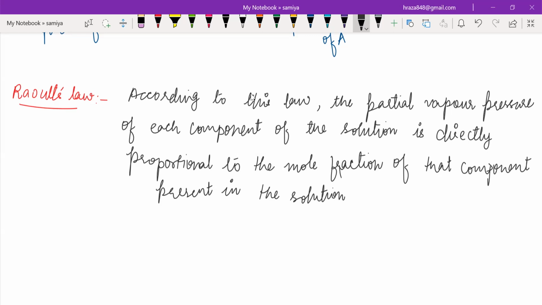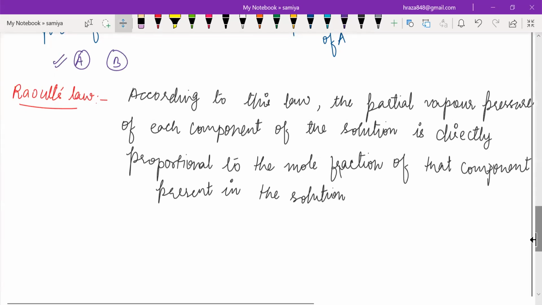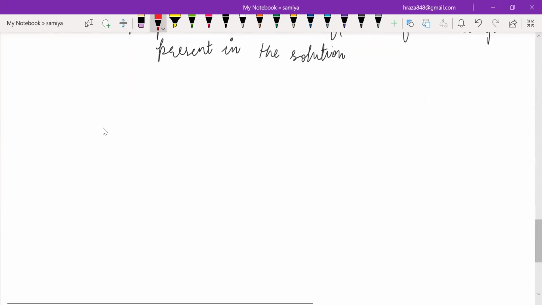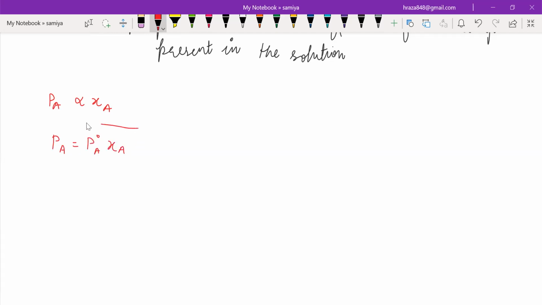Now see, what does this statement say? Partial pressure of each component, we took A and B. So I'm going to talk about A first. So basically, partial pressure of A is directly proportional to mole fraction of A. To remove this proportionality sign, I'm going to write P naught A, pure vapor pressure of A. This is the formula from Raoult's law.